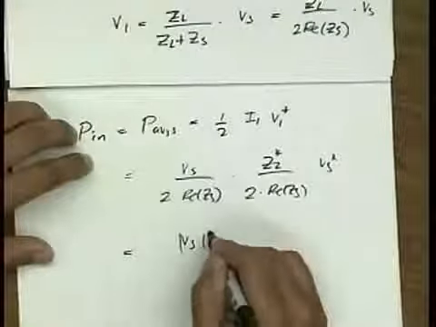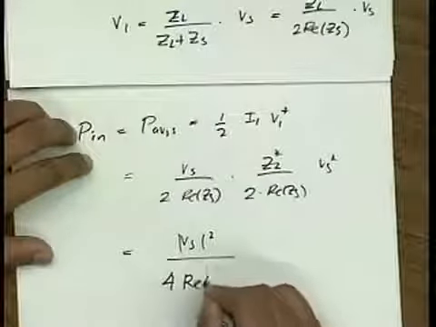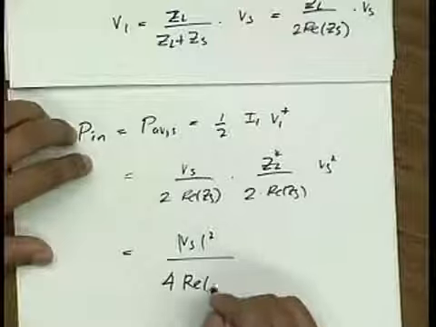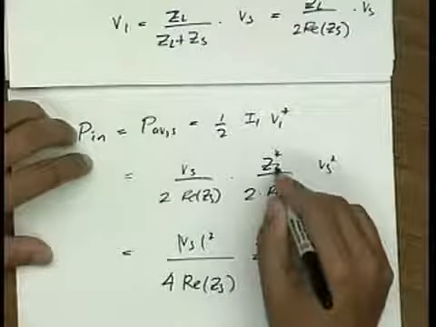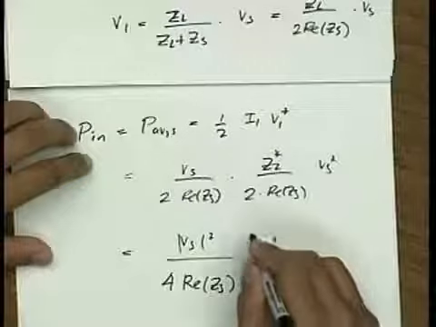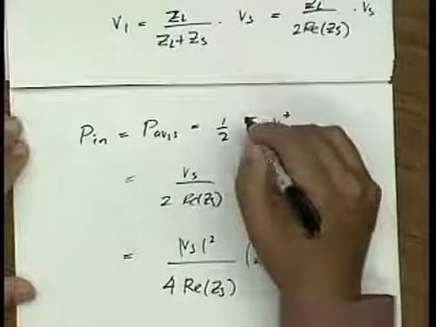So this is Vs squared times 4 real part of Zs times ZL conjugate, which is the same as Zs conjugate. And I need to take the real part of this whole expression.